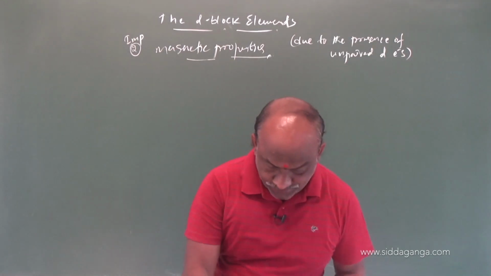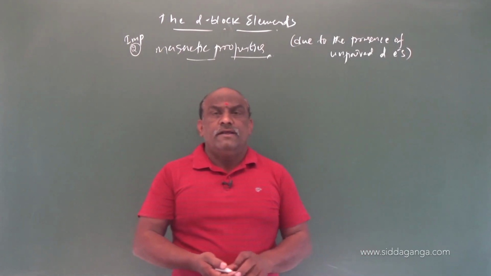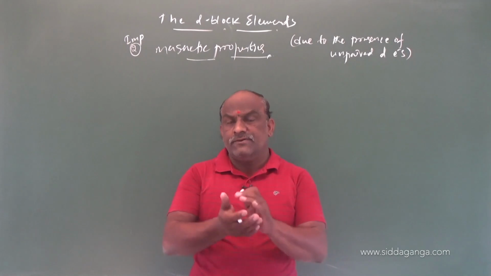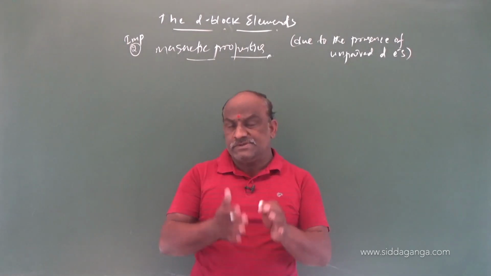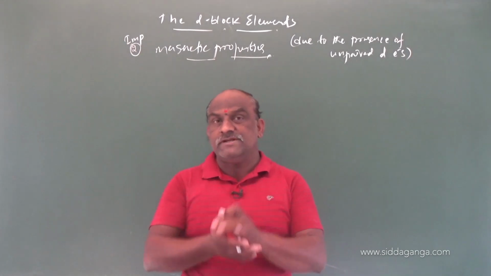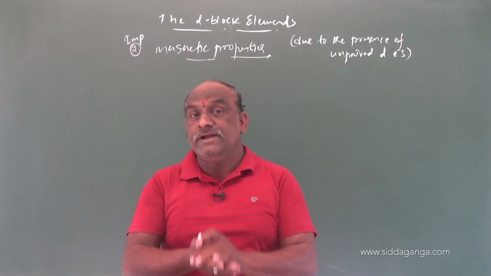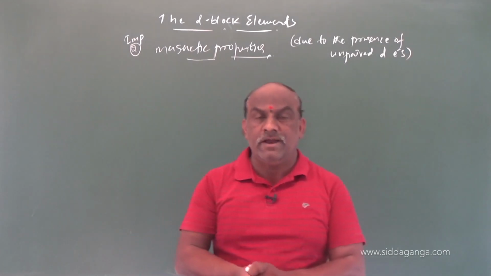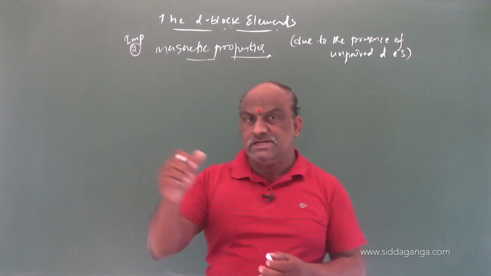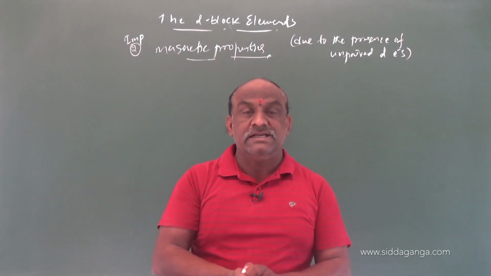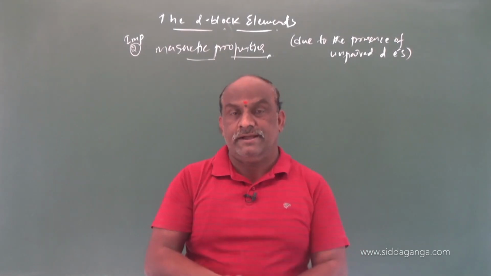So here, when a magnetic field is applied and you place a substance in it, the behavior of the substance is observed in two directions. When a magnetic field is applied, the behavior of the substance is divided into two categories.